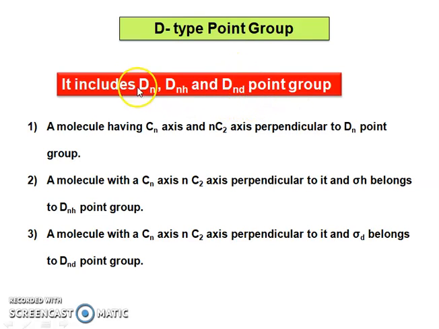So these 3 point groups are included in the D type of point group. Now we will see the first point. If the molecule has a Cn axis and n number of C2 axes perpendicular to it, then the point group is Dn.